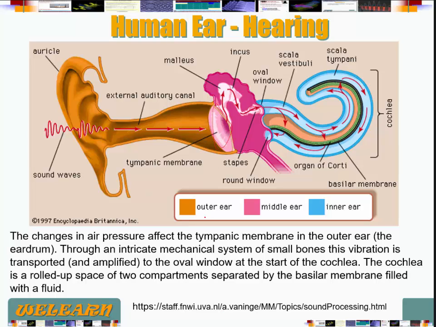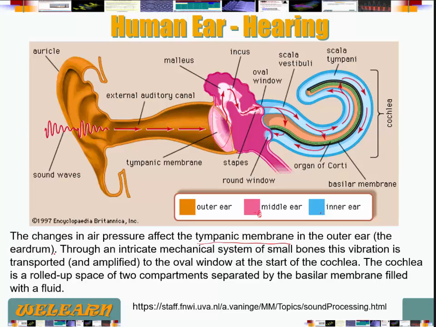So we have the outer ear, this color, the middle ear at the pinkish color, and the inner ear with the bluish color. So very much changes in air pressure here are going to affect the eardrum.